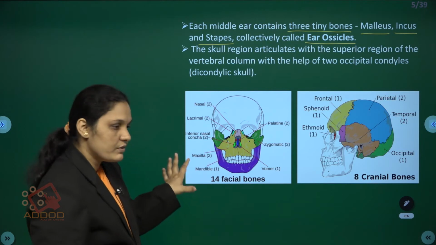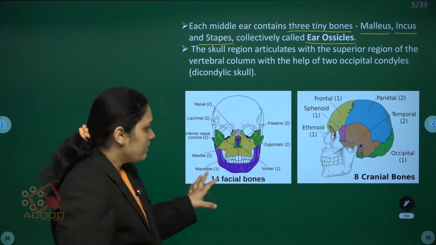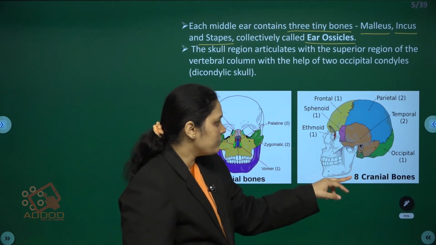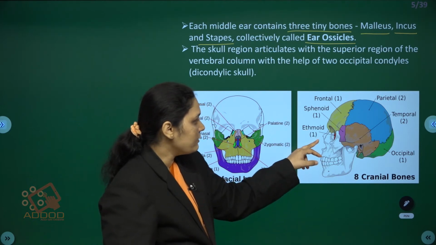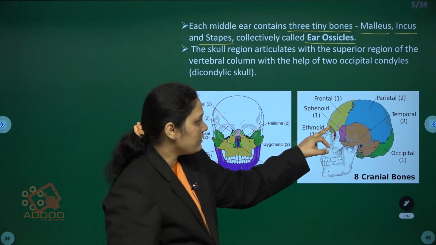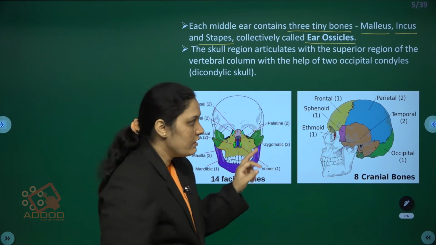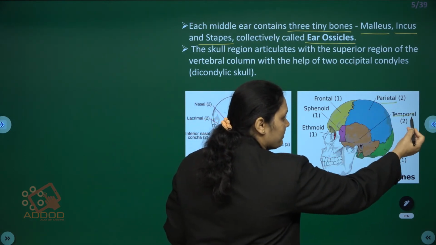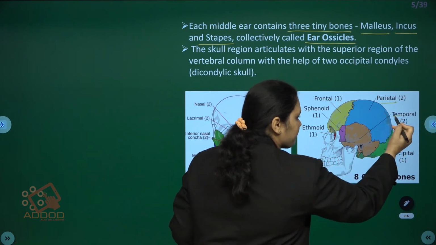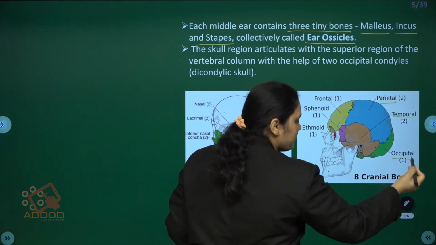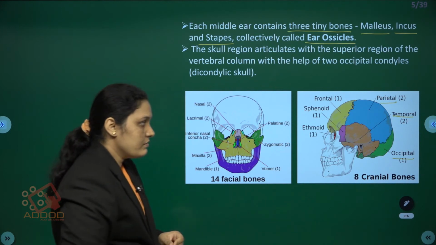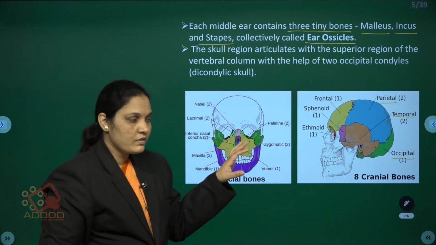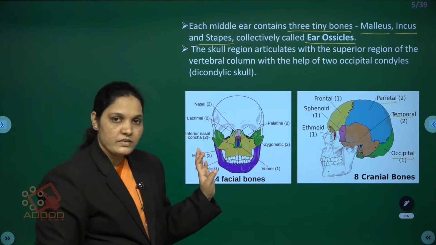These are the 14 facial bones, whereas the 8 cranial bones are ethmoid, sphenoid, frontal, parietal, temporal, and the last one is occipital. In this way the fusing of bones has taken place.